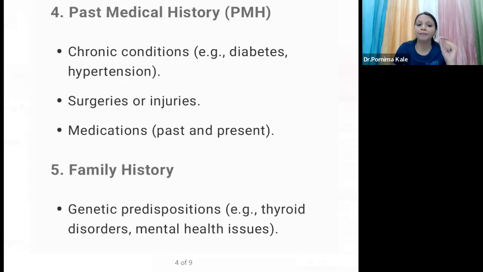So that is why it is necessary to know about genetic predisposition, if there is any family history of thyroid, BP, heart disease, cancer. Okay, in this way.